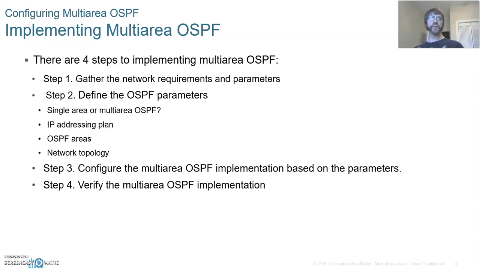First off, when we say the network requirements and parameters, we're talking about the size of the network, the physical and logical structure of the network, and we're not even really talking at this point about subnetting.